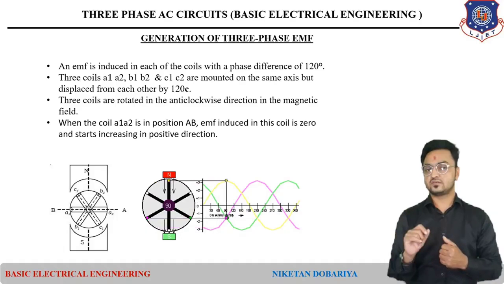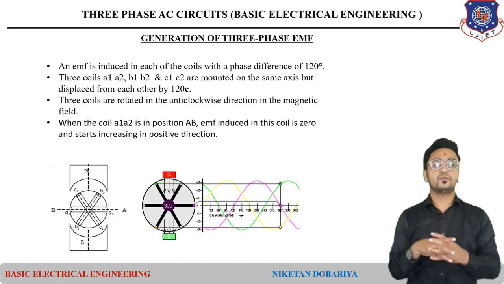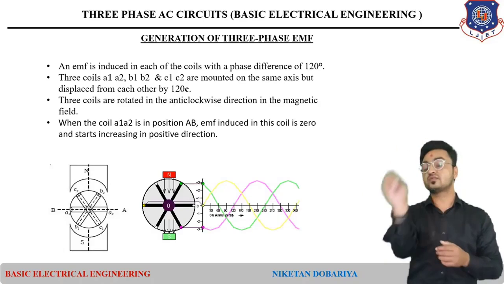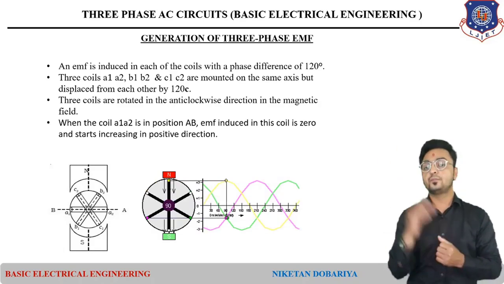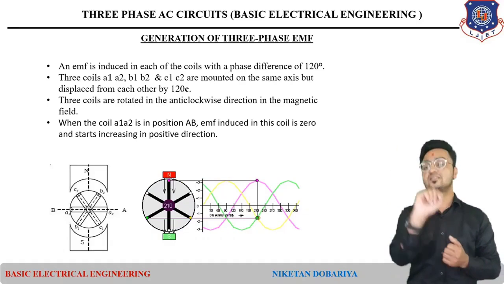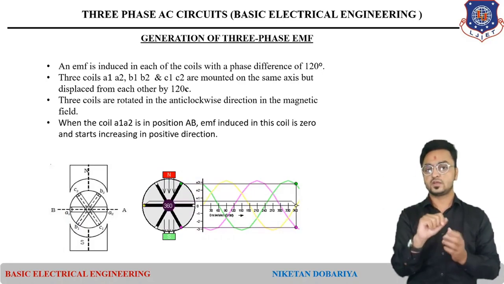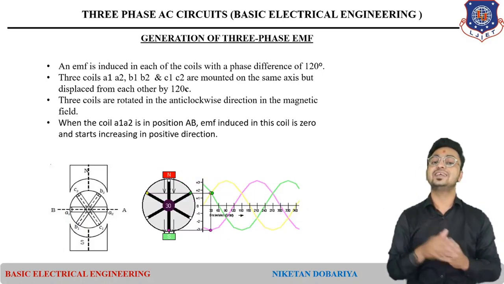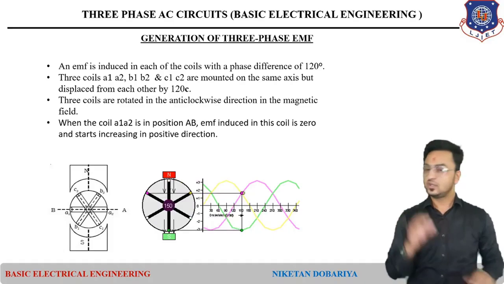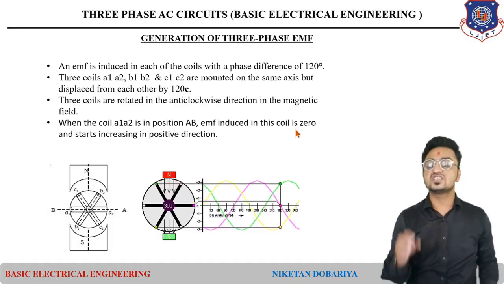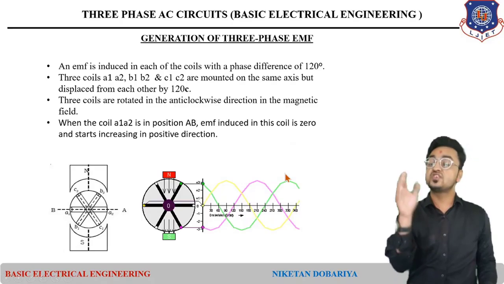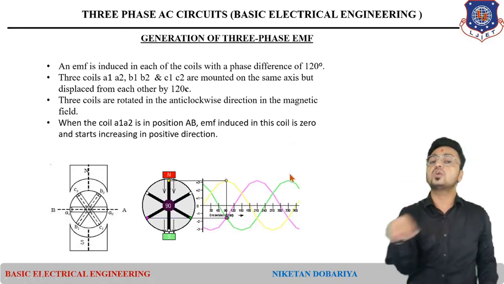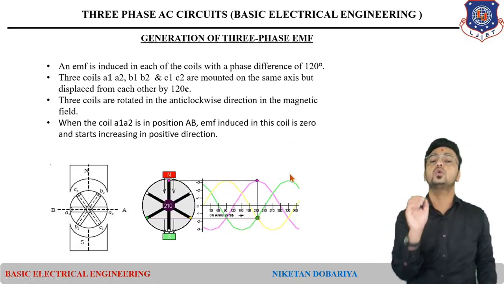If we have a total cycle of 360 degrees, and we put these three vectors at equal phase displacement, 360 divided by 3 is equal to 120 degrees. That's why we generate the three voltages at equal phase displacement of 120 degrees.